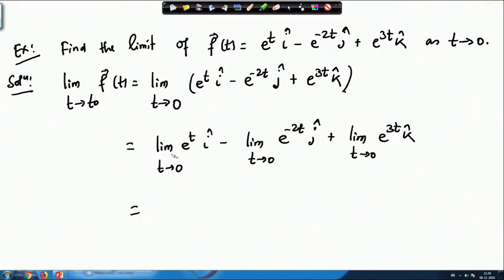When t goes to 0, e to the power 0 will go to 1. Again, when t goes to 0, e to the power minus 2t will go to 1, and here also it will be 1. So, ultimately that will be the limit of this vector function.